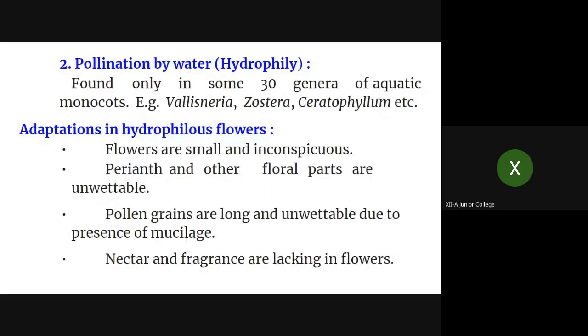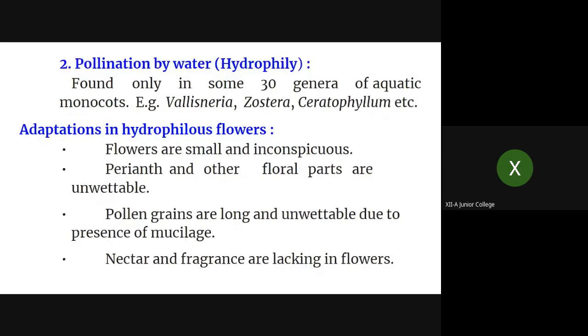Now let us see what adaptations are seen in hydrophilous flowers. What type of flowers are there? These flowers are small, inconspicuous, and the perianth and other floral parts are unwettable. As these flowers remain in water, they should not be desiccated. So that's why these are unwettable.